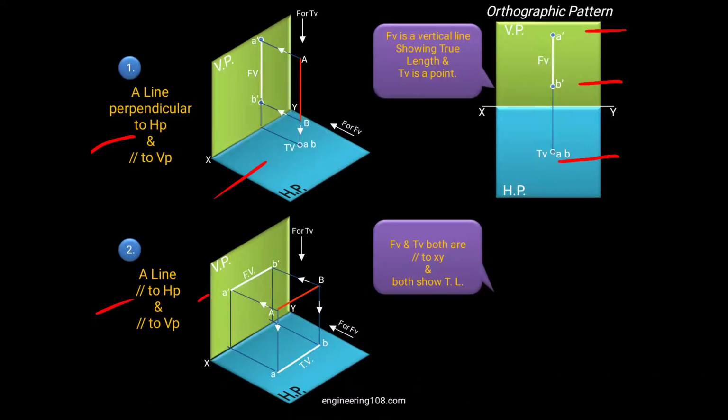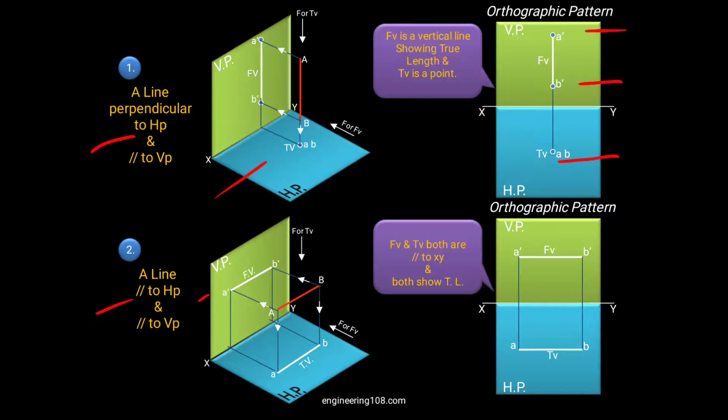This is the orthographic pattern for the first condition, line perpendicular to HP and parallel to VP. Now the orthographic pattern for the second, line parallel to both HP and VP. When we rotate about the XY line, the horizontal plane becomes coplanar with the VP, and this will be your orthographic pattern.